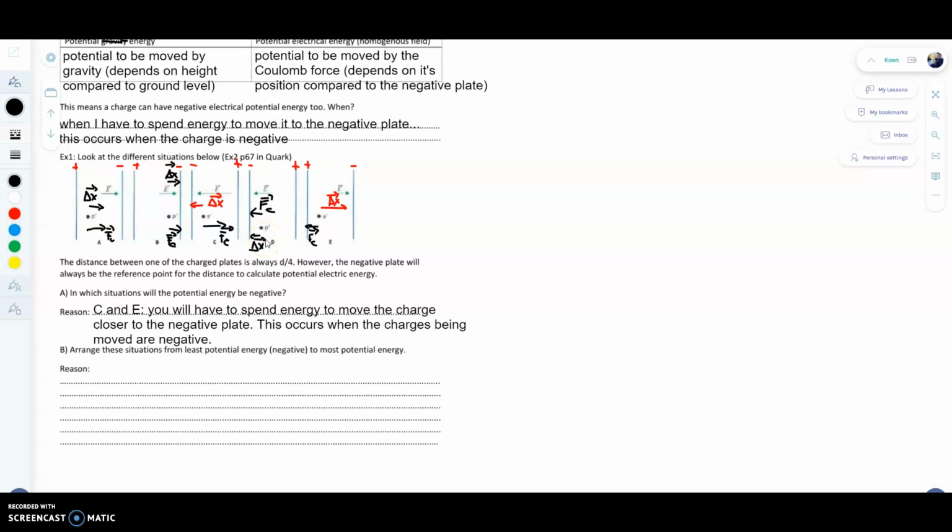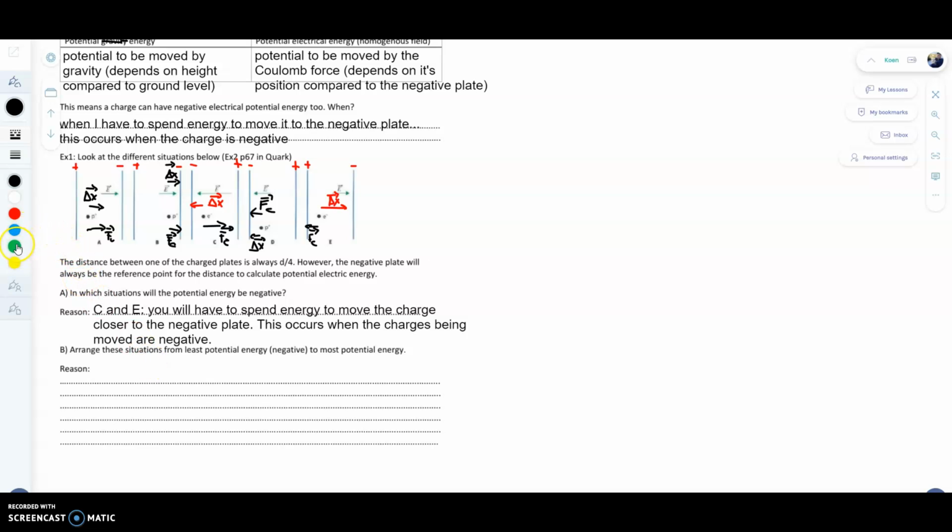Now, what about the potential energy in this case? Arrange these situations from the least potential energy, and I've given you a hint. The least potential energy means it actually has the most negative value, to the most potential energy, in this case the most positive value.